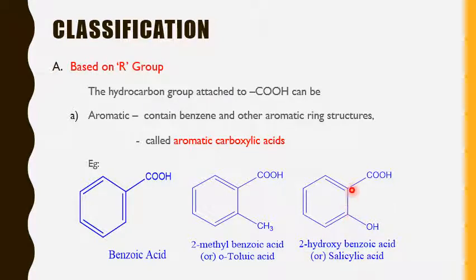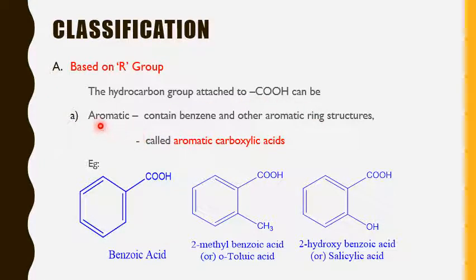Since it is at the second position to the carboxylic acid, it is given as 2-hydroxybenzoic acid. Here methyl is second to the carboxylic acid, therefore it is 2-methyl benzoic acid. So these are the examples of aromatic carboxylic acid.